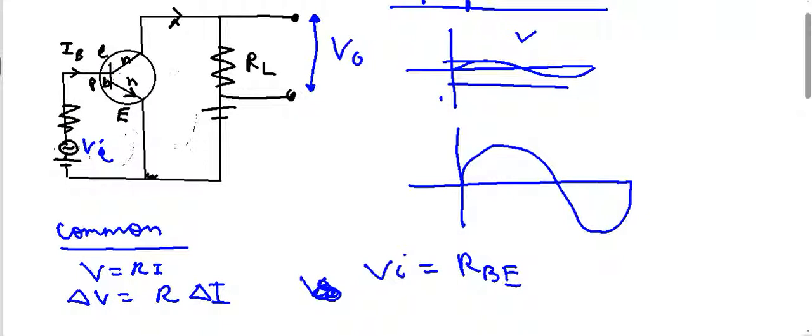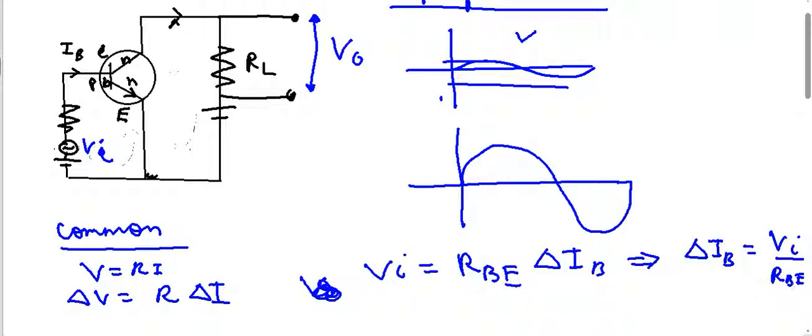So the effective resistance of this base emitter, I am writing as RBE, into delta IB. So this is the change in the base current. So delta IB will be equal to Vi divided by RBE, the resistance of the base emitter circuit.